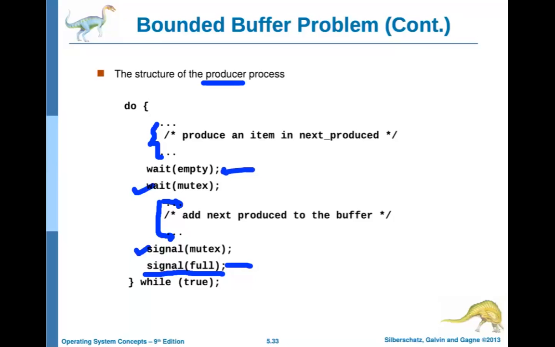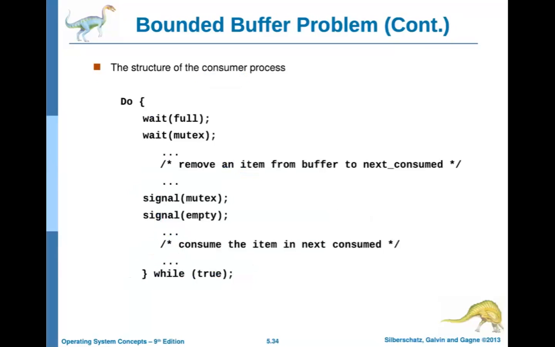So have a look at the consumer process now. The consumer will wait for full. Again, don't get confused because of the name full. The meaning of this is not that the consumer will consume only after the buffer is full. No, full is a counting semaphore, right?